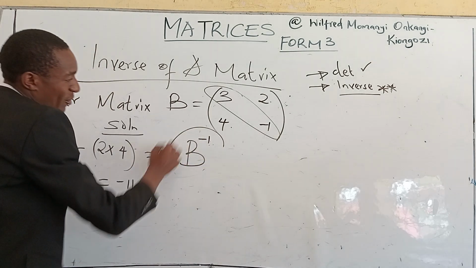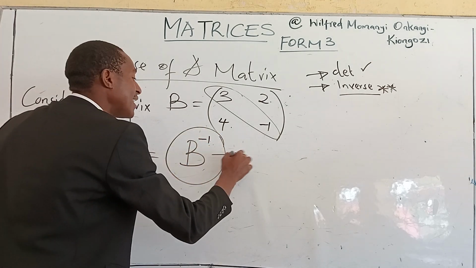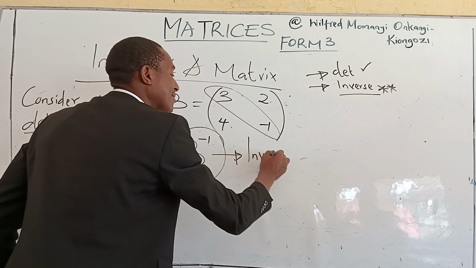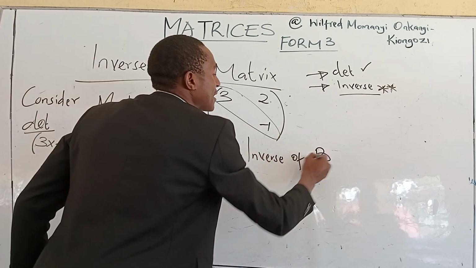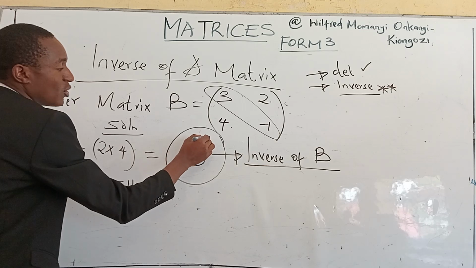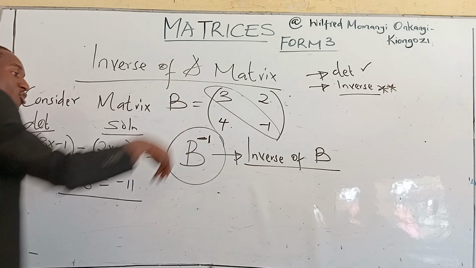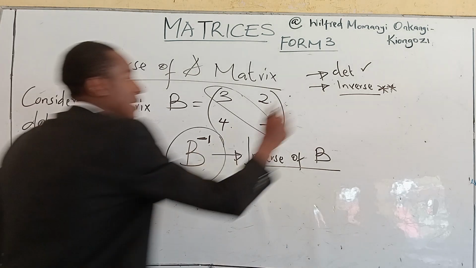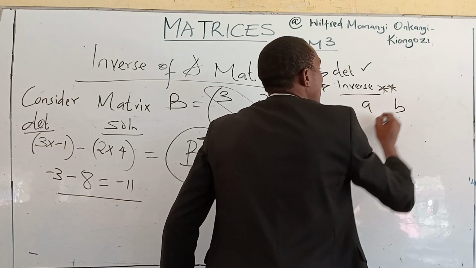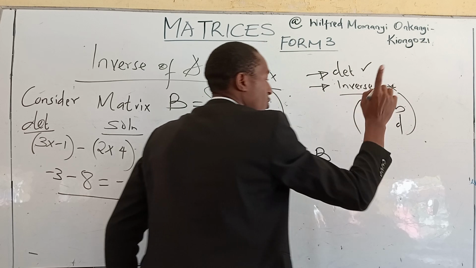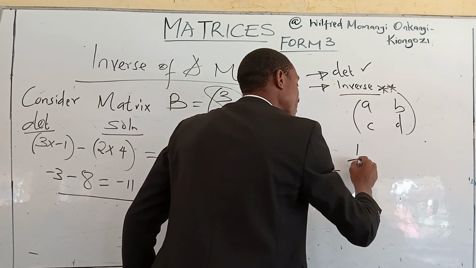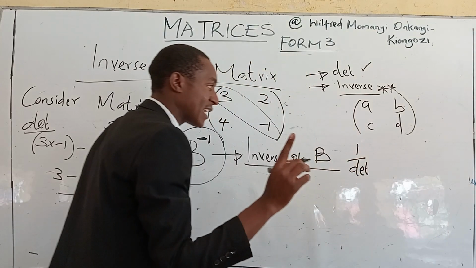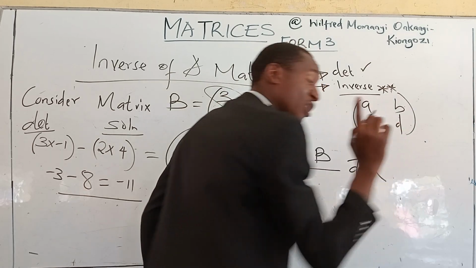So when I put a power negative 1, this one is the inverse of matrix B. So I can denote it as B raised to power negative 1. What we do here, we will say, suppose our matrix is A, B, C, D. What we do is we say 1 over determinant that we found in our first step, then multiply by some few changes here.